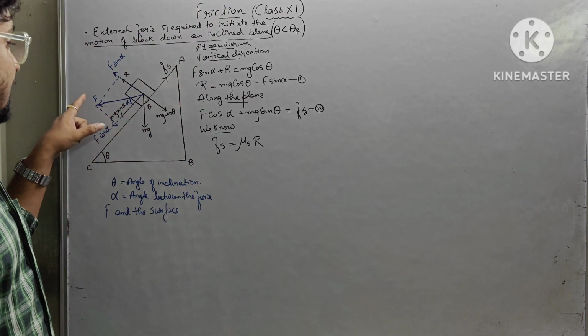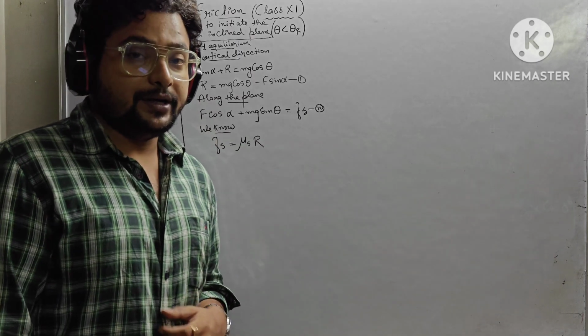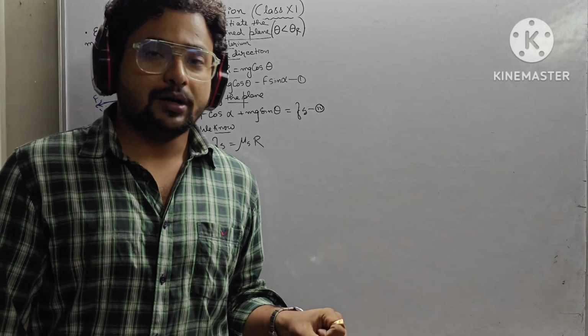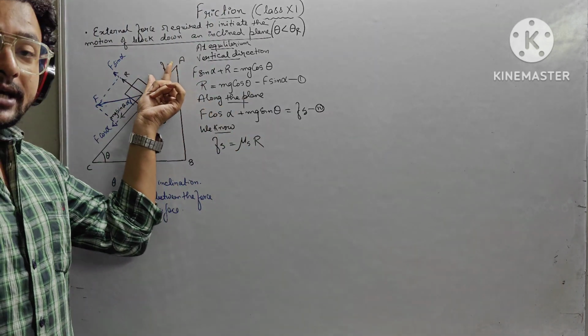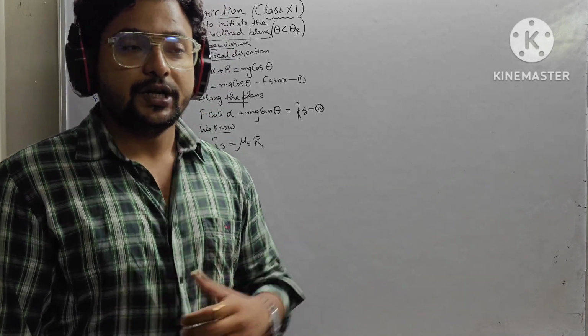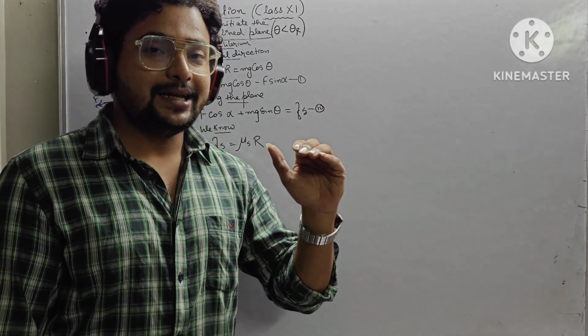You see, after applying this particular force, after this particular moment which I have considered, the block will start to come down. Since I told earlier also, friction is a self-adjusting force, and there is a particular maximum value of friction which it can apply.